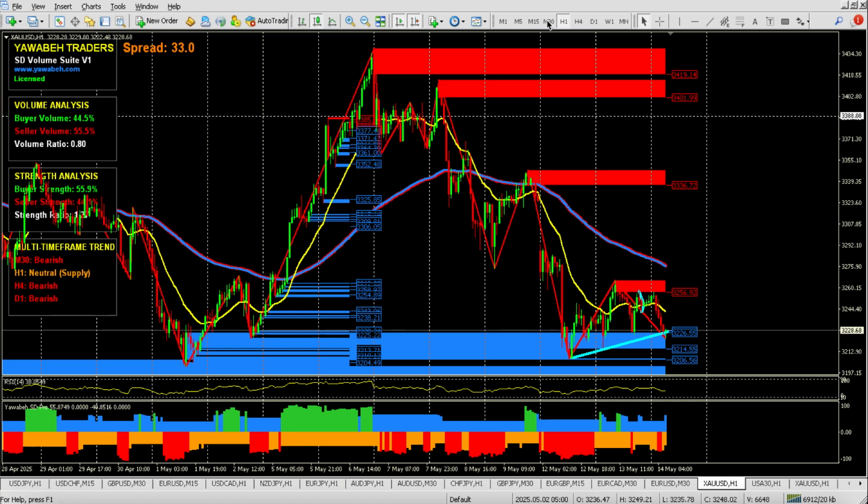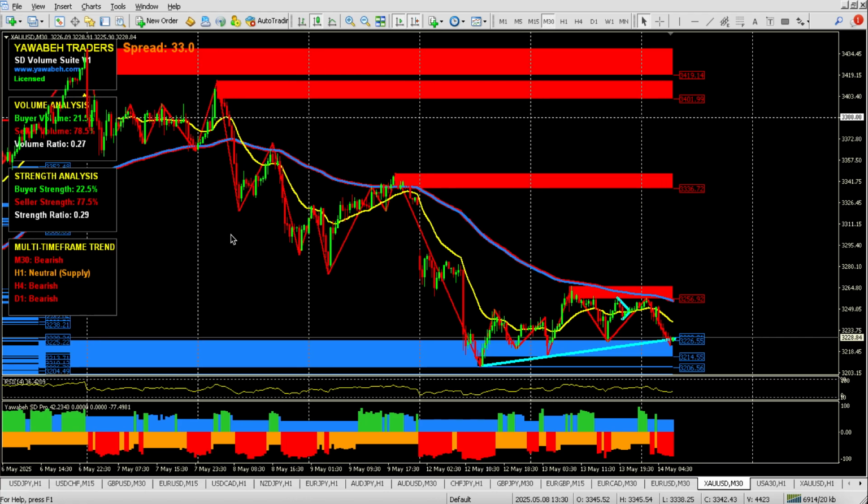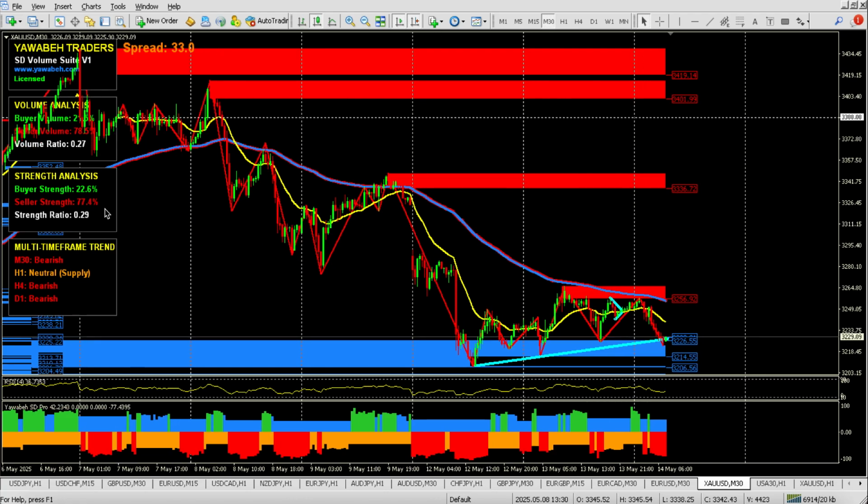If you see on the lower time frame like M30, you can see 78% is all about seller's pressure and the signal strength is also 77%, which is very strong. And you see on the multiple time frame panel there are three major time frames that suggest a short position on gold.